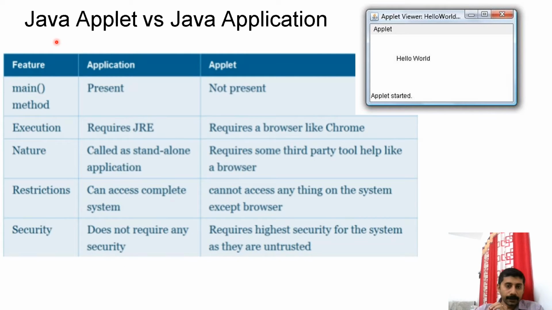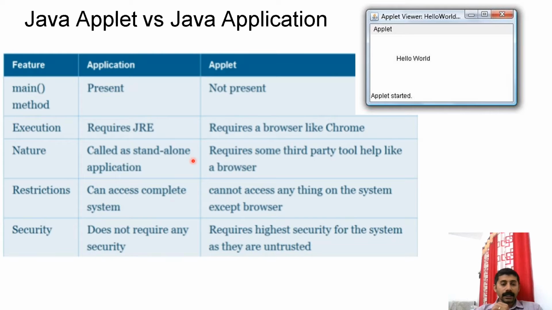Here is a quick comparison between a Java applet and a normal Java program. In a normal Java program, there is a main method. Till now, we haven't seen the structure of a Java program, but just for your information, I am telling. But in an applet program, there is no main method or main function. To execute an applet program, you need a Java-enabled web browser. But for a normal Java program, you need only the JRE. You have to install the Java runtime environment, then you can run the Java program.